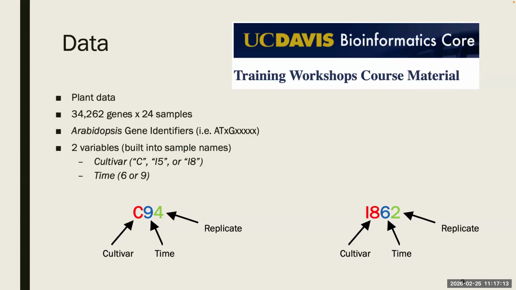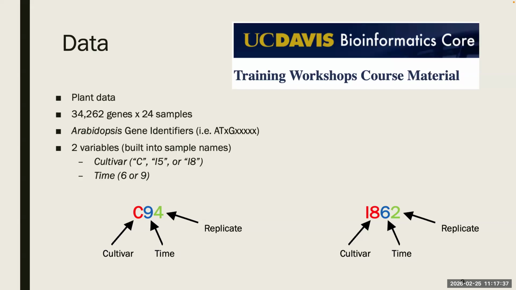There are two variables in this data set, the cultivar and the time. So usually these variables come in the form of a metadata, but since this is workshop data, they're built into the sample names. So the two examples below are two examples of the sample name.